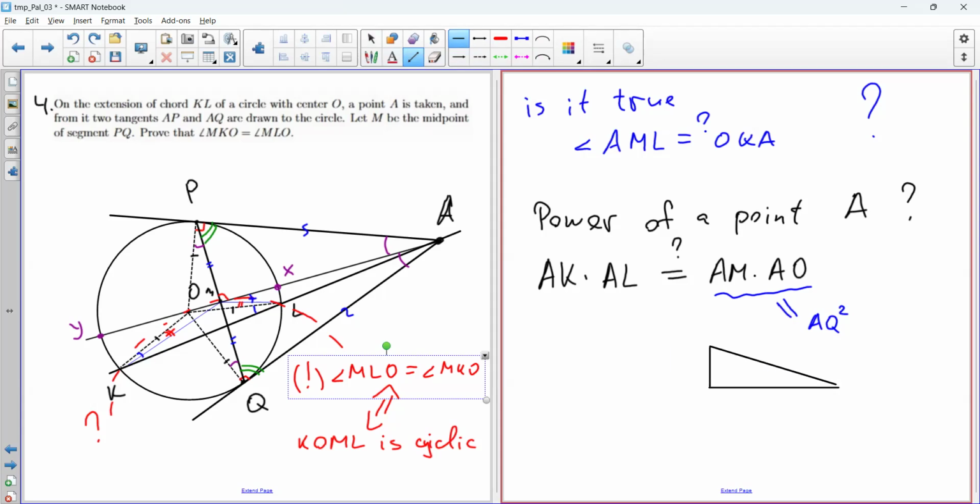If we consider an auxiliary picture here, we have Q here, O here, M here, A here, and we have this similarity that triangle AMQ is similar to triangle AQO, which is actually enough for establishing this equality.